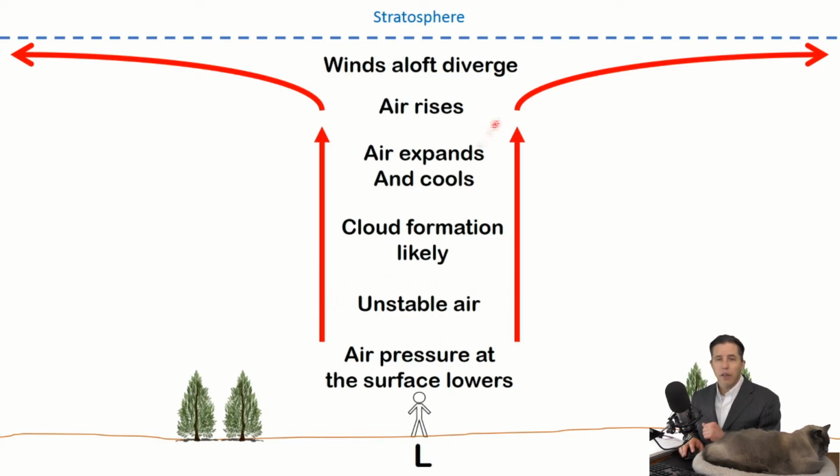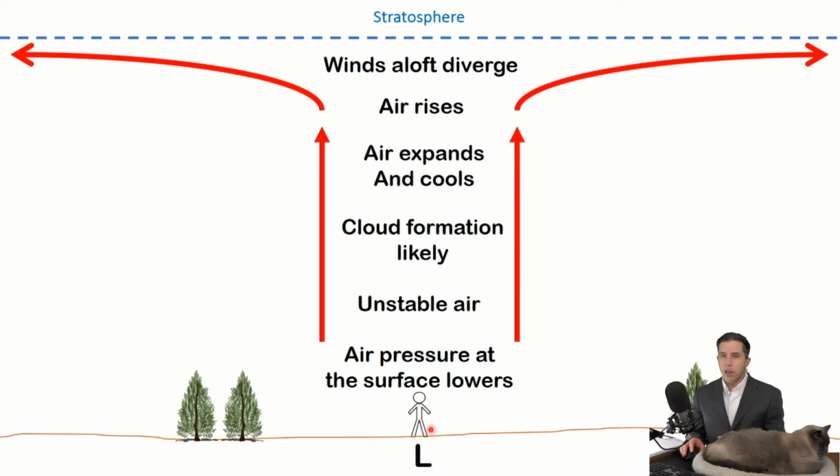Okay, so whenever you have this whole process of winds diverging aloft, air is rising, you're making clouds, you're making unstable air, and it's kind of like a giant vacuum cleaner above your head that's sucking air up away from you, you will notice that the air pressure down here decreases. Now, it's not like there's a literal wind flying up from the ground. It's much more subtle than that.